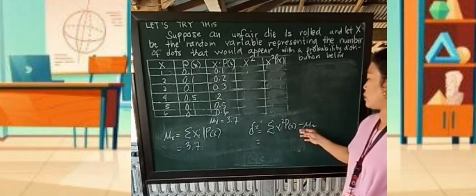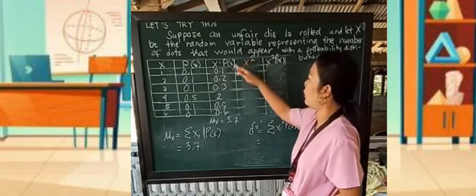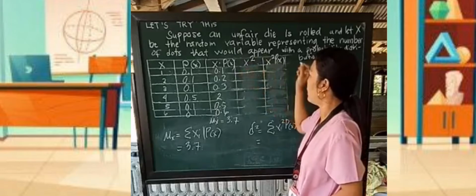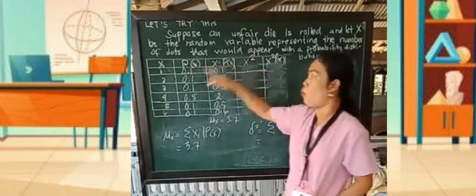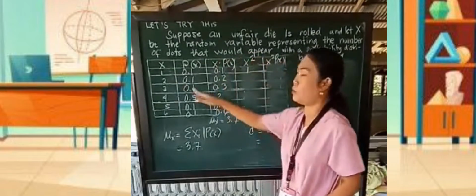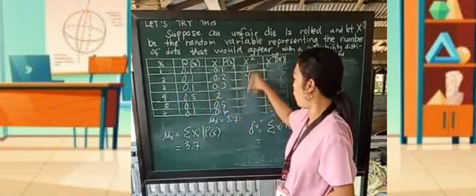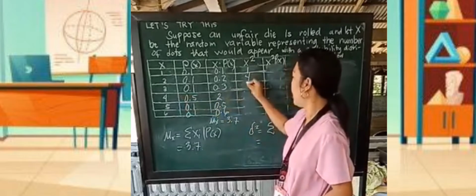And to get the answer, we are going to complete this table. Okay, we are going to get the x squared. 1 times 1 is 1. 2 times 2 is 4. 3 times 3 is 9.